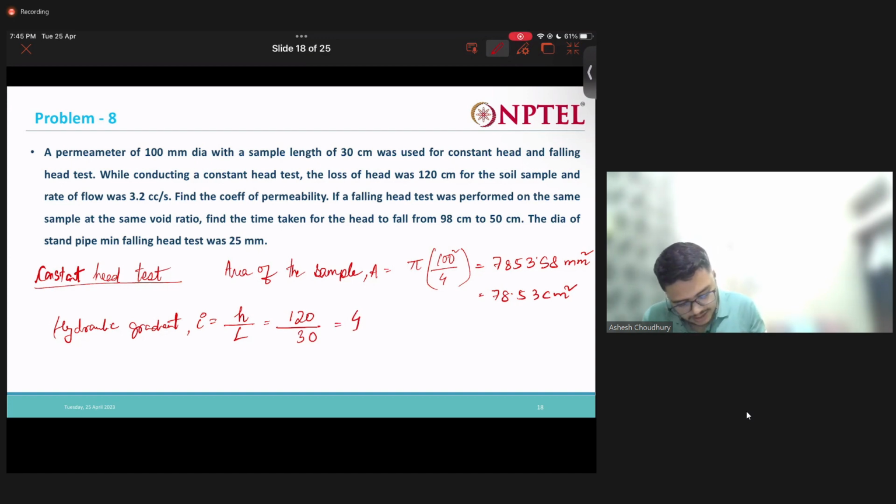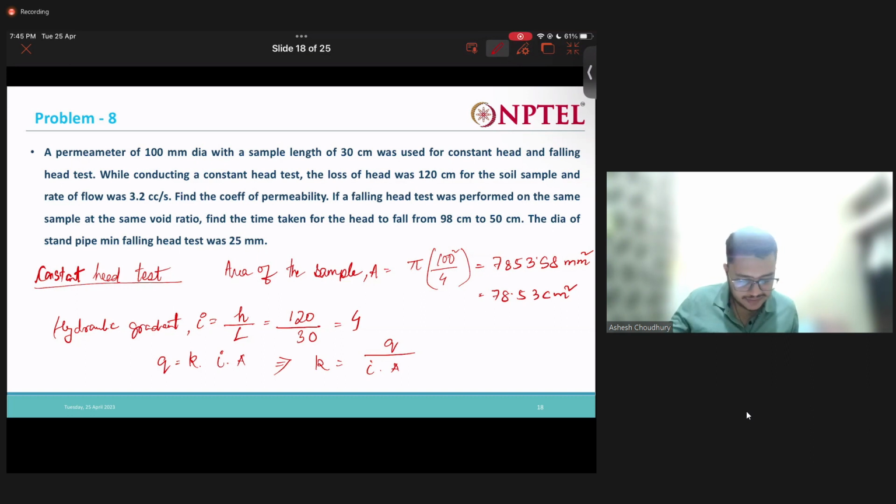Now we have the relation Q is equal to KIA. From here what we can do is we can determine K, but Q I is the same only, no? That has come from this only, from Q is equal to KI only.